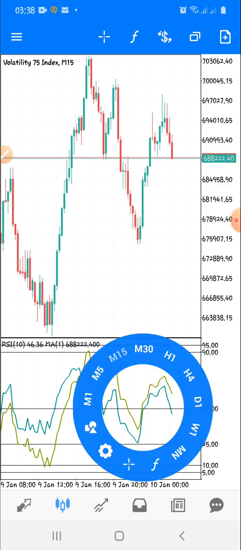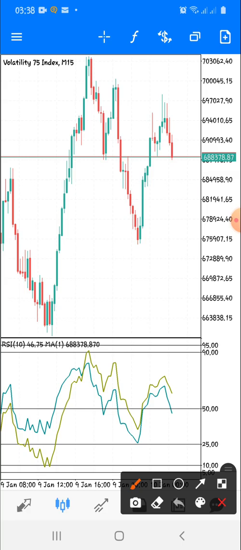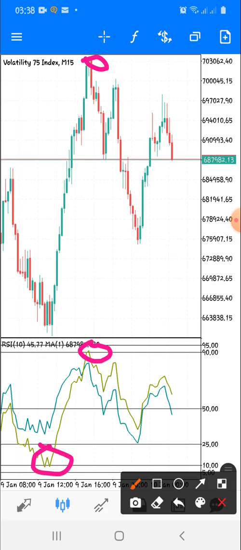You see here, if we observe the moving average, it was here at the 90 level, and you see where the market is. It's been a clean sell. And here the moving average was at the 10% level. You see the trend was beginning here.